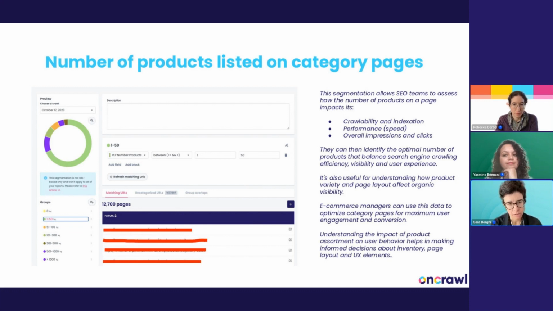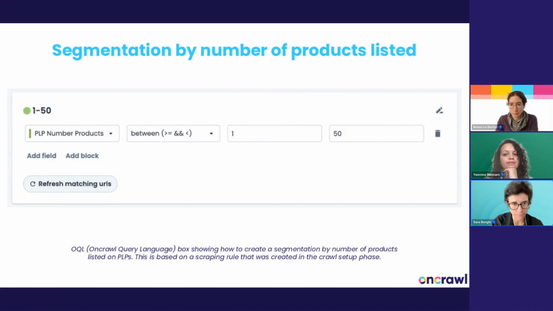So see also how this type of segmentation is not only relevant to SEO, but can really facilitate and help the work of other teams. So really, really useful. This is just an example of how it can be set up.